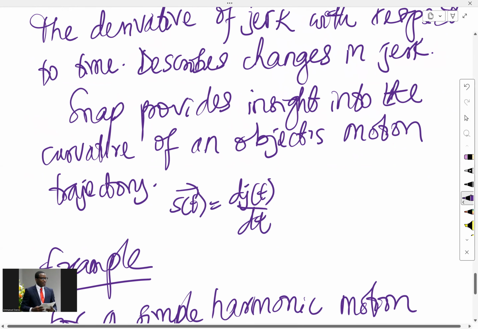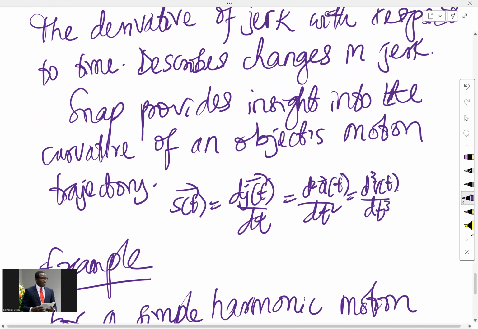That's the rate of change of jerk. And that is the second derivative of acceleration, d squared a over dt squared. That is the third derivative of velocity, d cubed v over dt cubed. And that is the fourth derivative of the position vector, d4 r over dt4, like that.